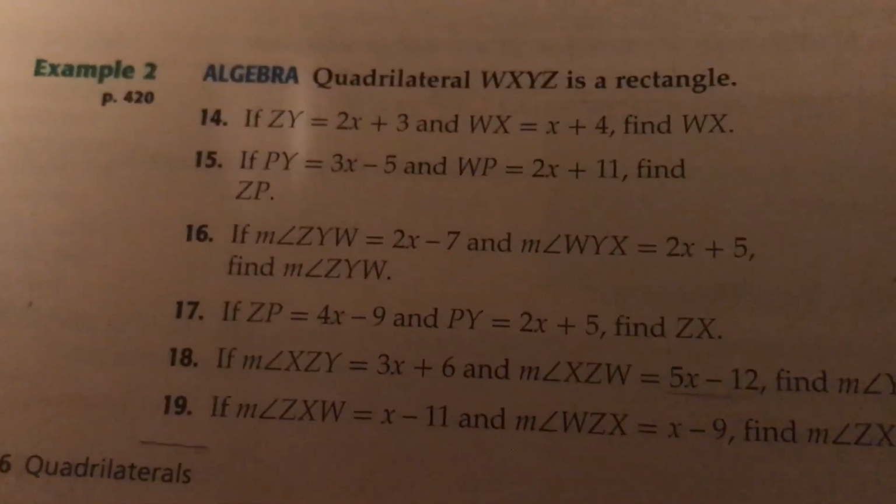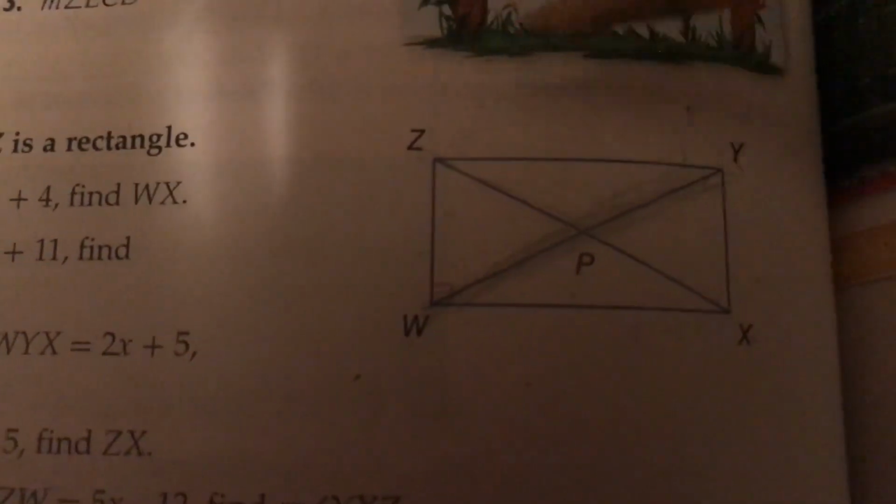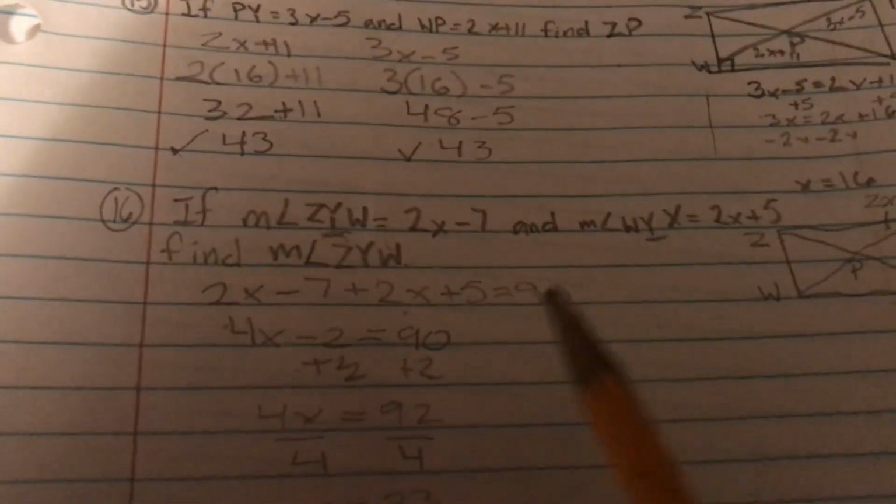Now, what it is asking is to find ZYW. So we're given ZYW equals 2x minus 7.